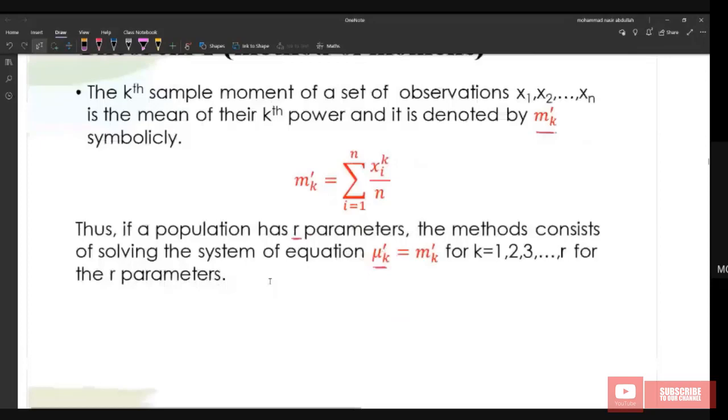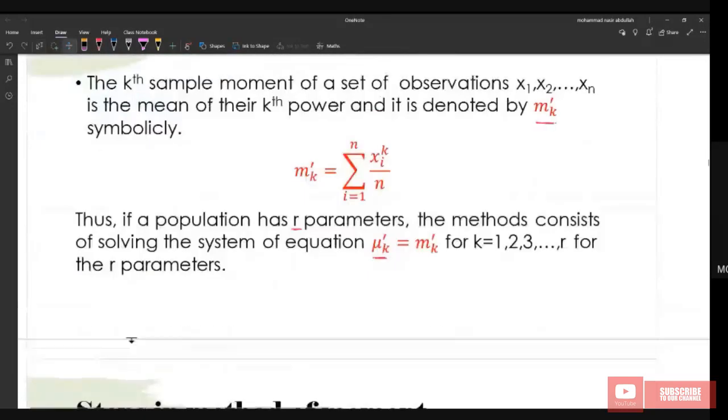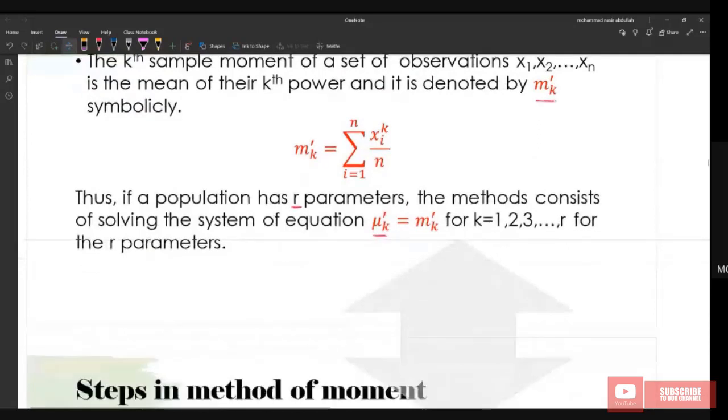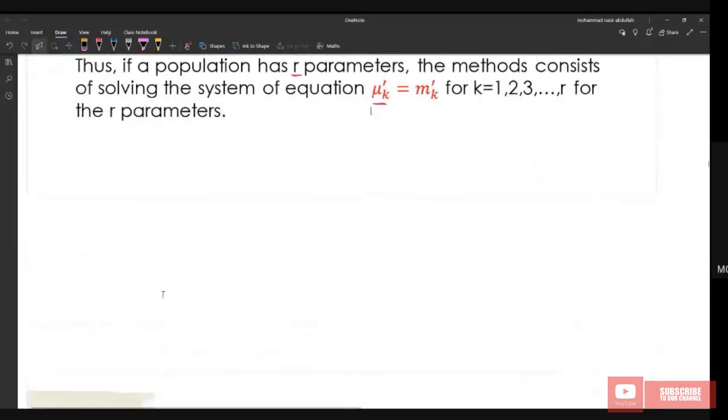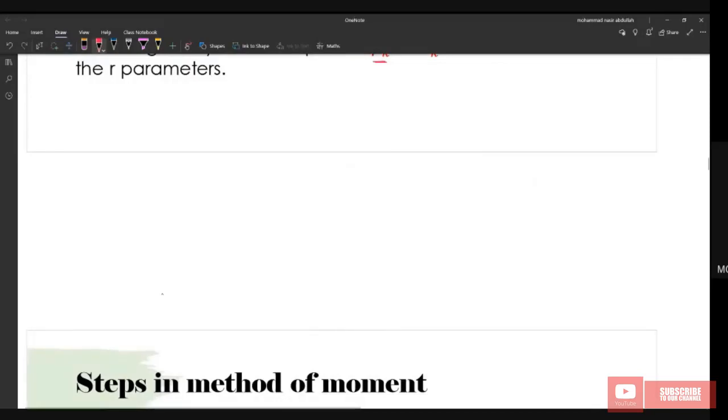So before we go further, let's recall some values that we already discussed in KMT 211, I think. Let's recall the moments. The first moment about the origin is equal to the expected value of x, which is equal to mu1 prime.